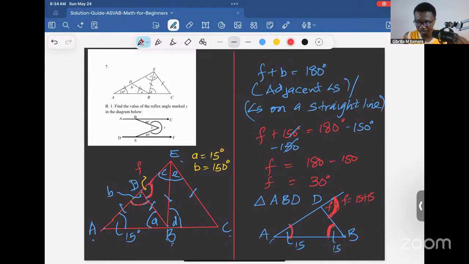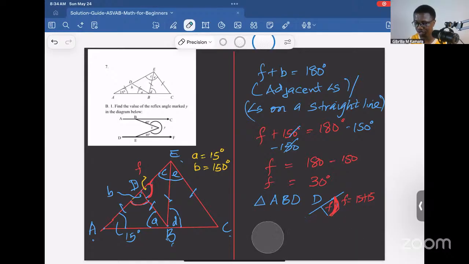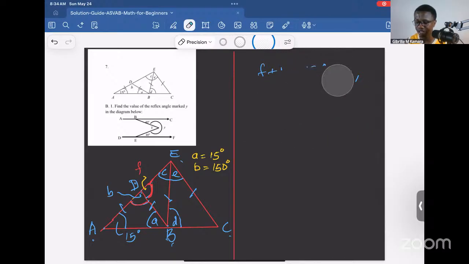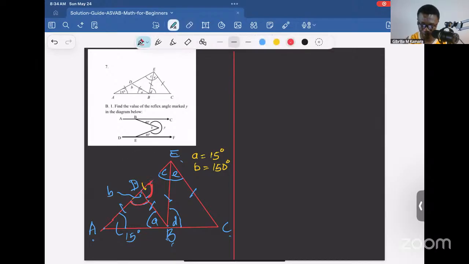So we've gotten F, but we need C. If we extract that triangle, okay, so I'll just take this. We don't need it. I needed it to demonstrate. We even don't need F, but because we can't get C without getting F, so this F right now is 30 degrees. If F is 30, C is also 30.